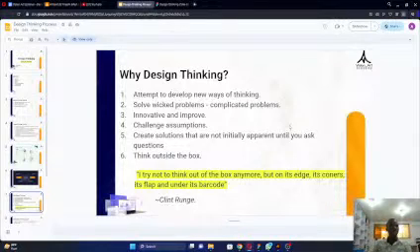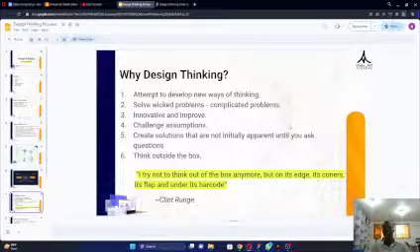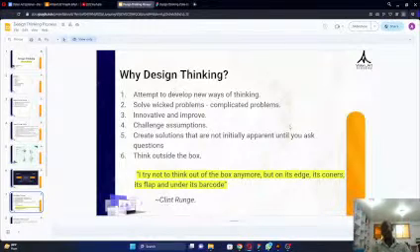So your research will tell you that these people don't need this, these people need this. And also it creates solutions that are not initially apparent until you ask questions, solutions that you don't even think of, that are not obvious until you conduct your research.